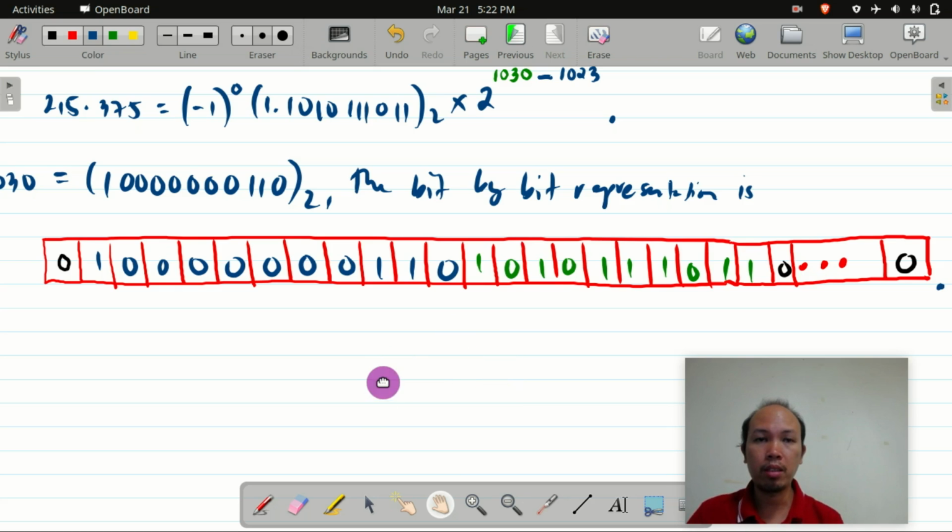For me, I am using a 64-bit operating system, therefore the representation of 215.375 is just like this one.